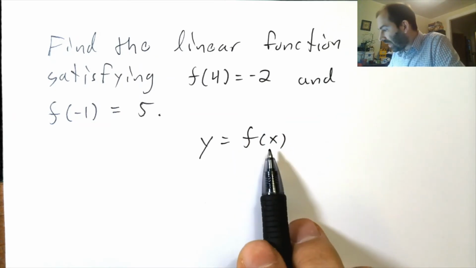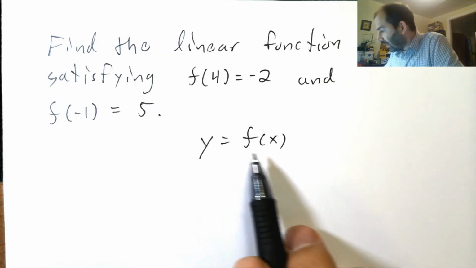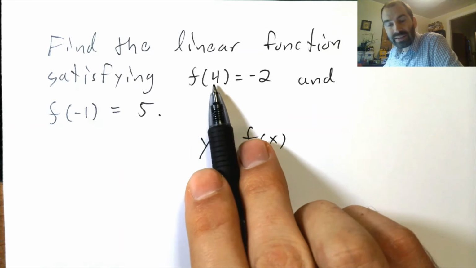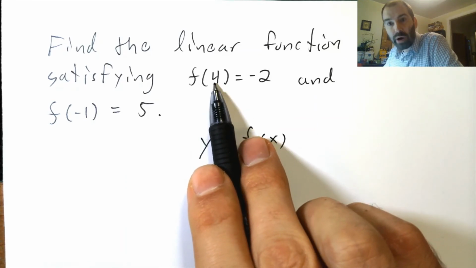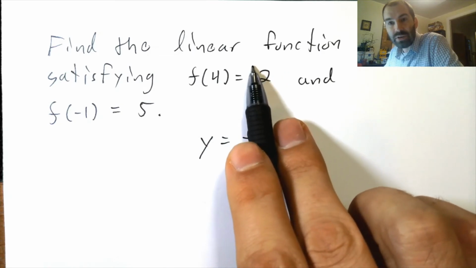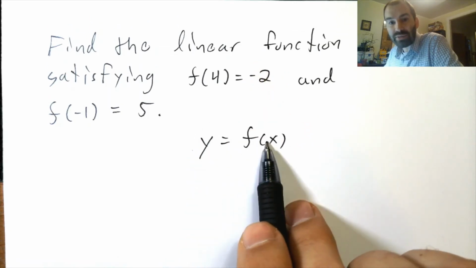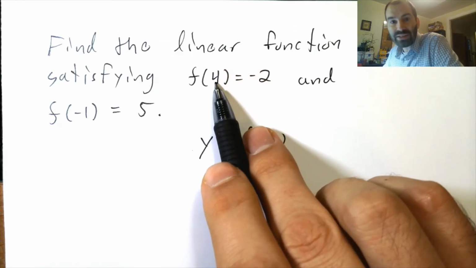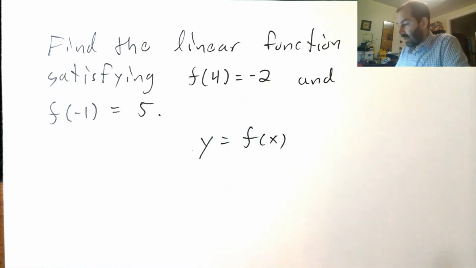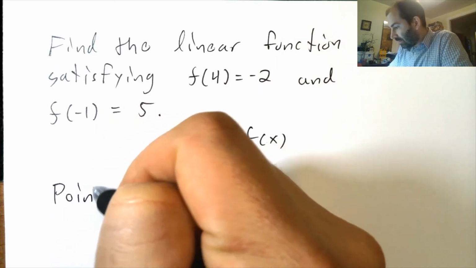So what that means is that when I wrote these down, notice that this is saying that when x is 4, f of x is -2. But y is f of x. So that's saying that when x is 4, y is -2. So we know a point on the line.